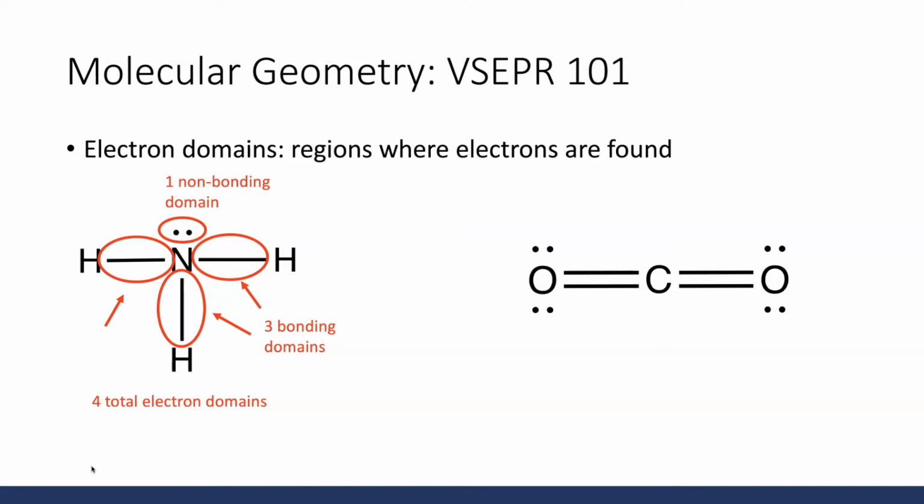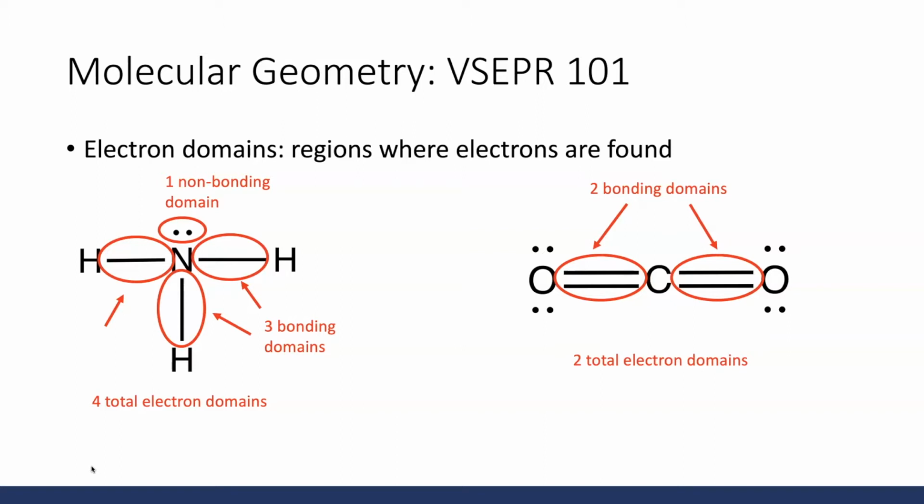All right, let's take a look over on the right at CO2. Again, we're going to look at the central atom, carbon, and I see 1 electron domain and 2. Remember, domains are just regions where electrons are found, so I'm not counting individual bonds or electrons. We have 2 total electron domains here, and they're both bonding domains.